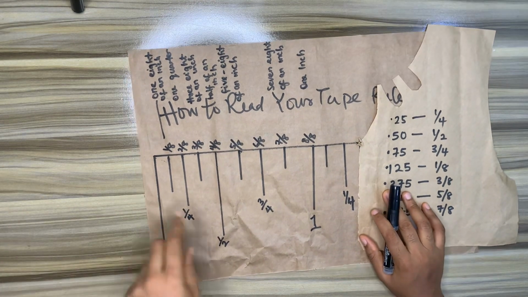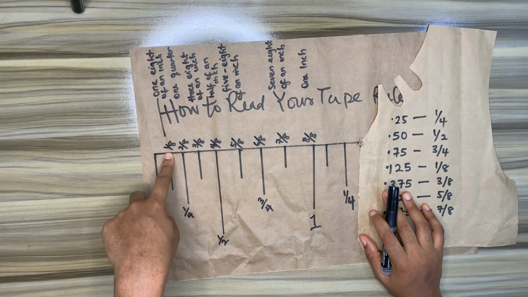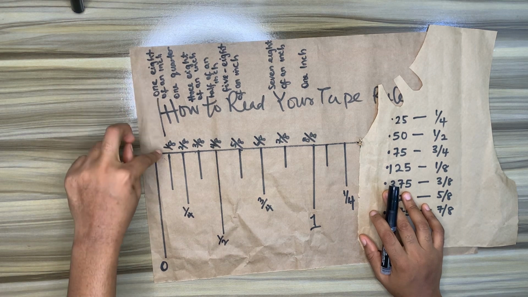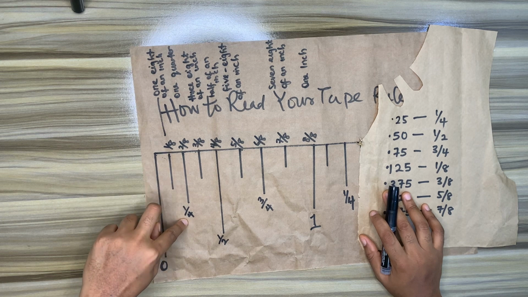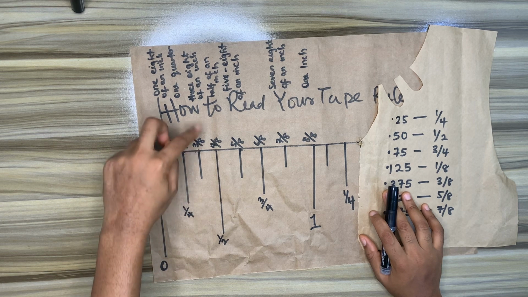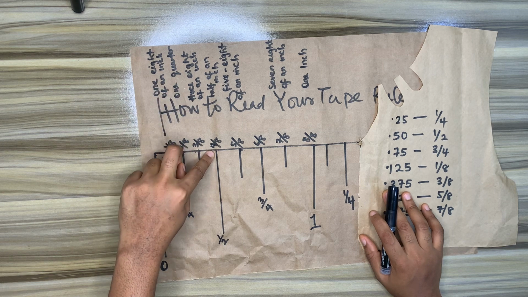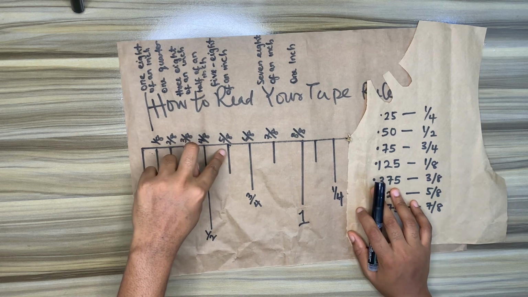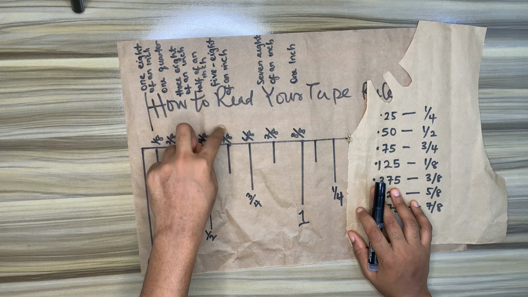Okay guys, I forgot to explain this too. So if you look at this now, some people say, okay, how are we going to call this in our tape rule? This is 1/8 of an inch. That's 1/8. This is already 1/4. 3/8, 3/8 of an inch. This is already half of an inch. Then 5/8, 5/8 of an inch.